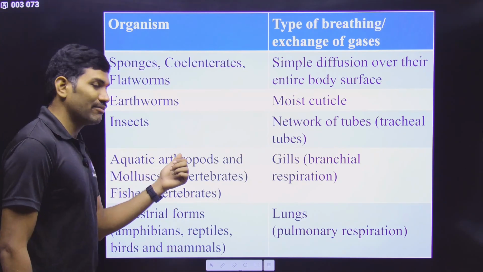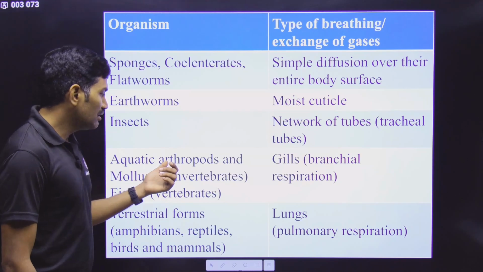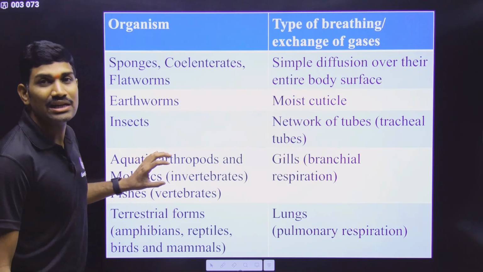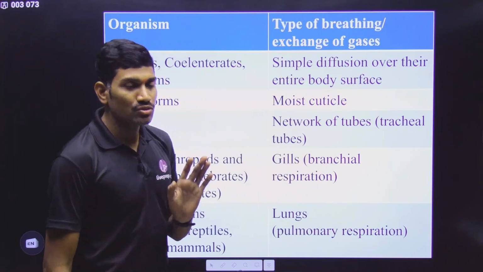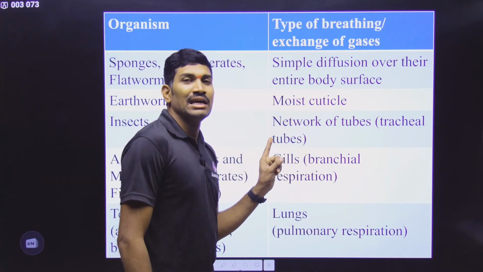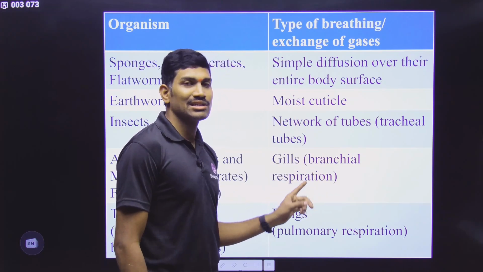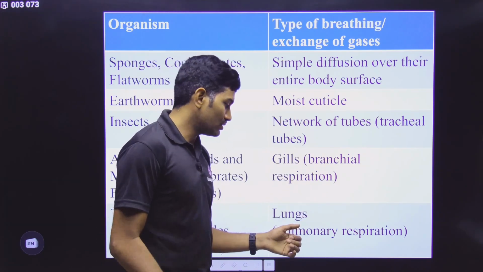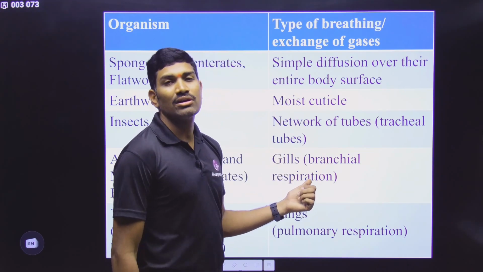These two are invertebrates, and even in those we are observing gills. So now what is the important term? If respiration is occurring through the gills, that is called branchial respiration. Please don't get confused. If lungs are involved, pulmonary respiration. If gills are involved, branchial respiration.